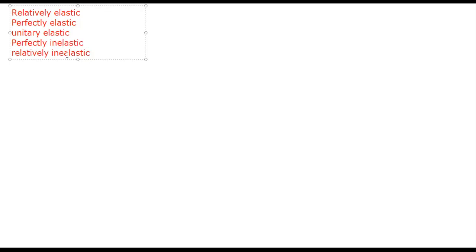There's no A here. Relatively elastic. We are saying that this is PD.